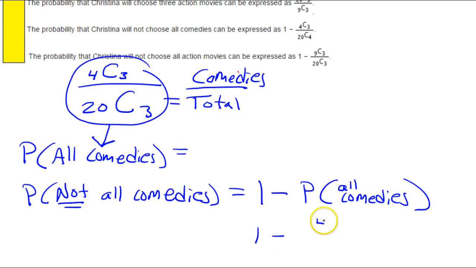So 1 minus 4 choose 3 over 20 choose 3. Is that what they have? Oh, so close. But it's 20 choose 3, not 20 choose 4. So it must be the last one.